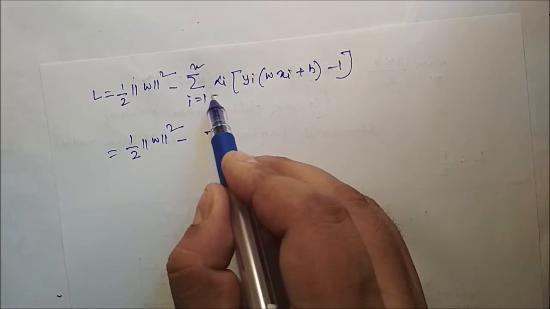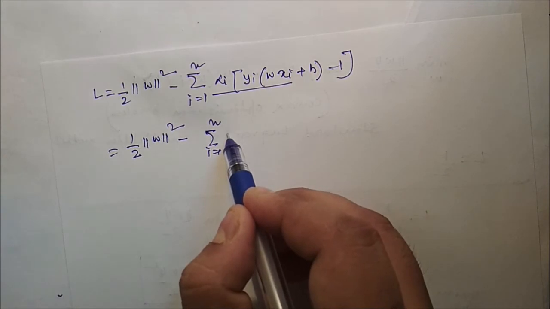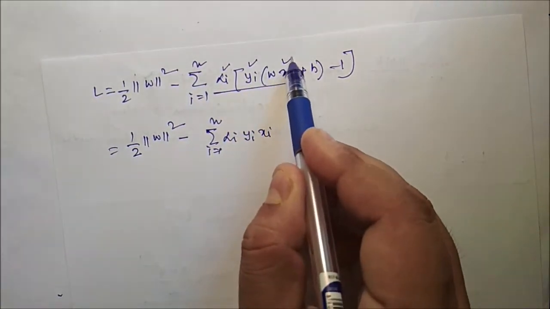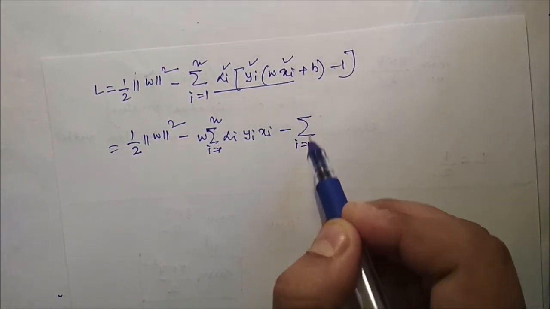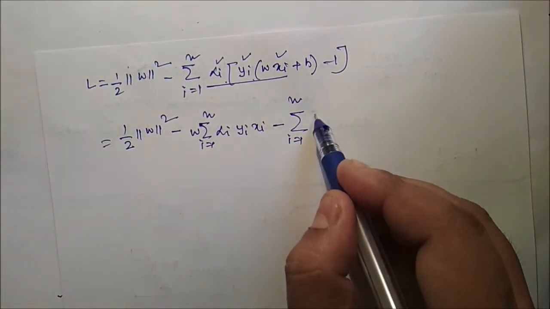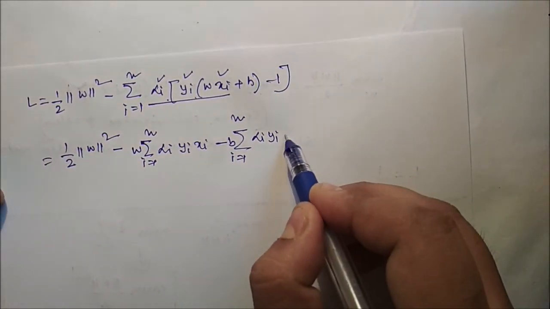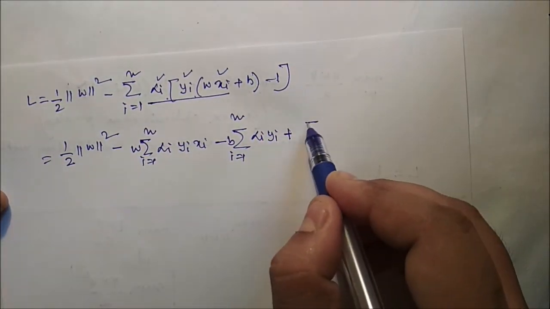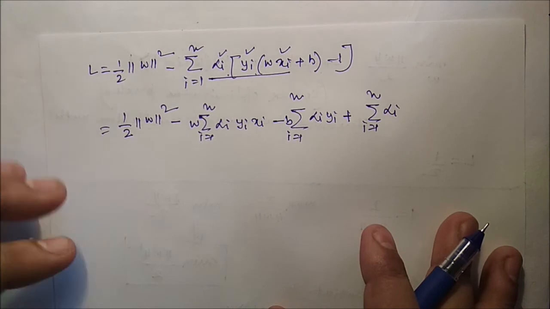This particular part is the summation of i is equal to 1 to n alpha i yi xi, and put w here, minus the summation of i is equal to 1 to n alpha i yi b, put b here, plus alpha i minus 1, that means the summation of 1 to n alpha i.